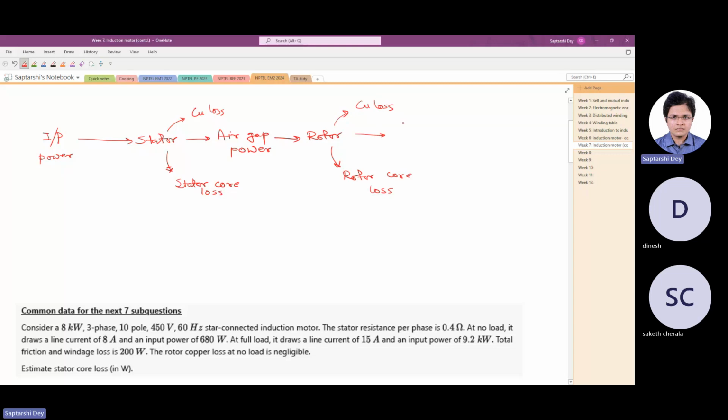The rest of the energy is the gross mechanical power, of which friction and windage loss goes out, and what is available outside is the shaft power.